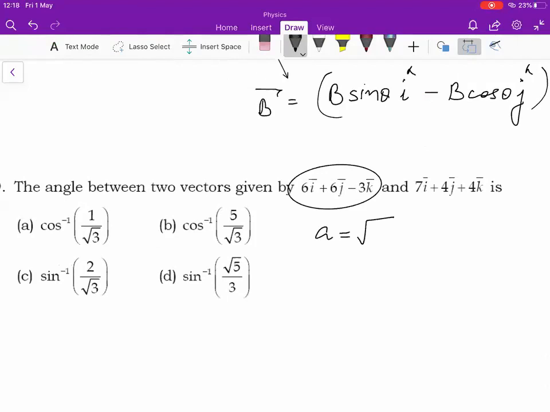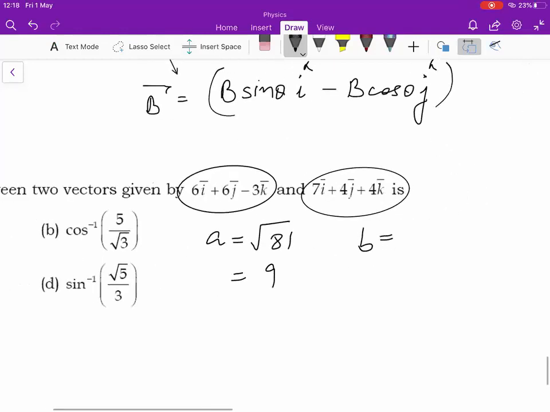Yes, sir. तो ये 9 नहीं होता. Okay. What is the magnitude of B? This is also root 81. Yes, sir. So will this be 9? Yes, sir. Okay. Now what is A dot B?